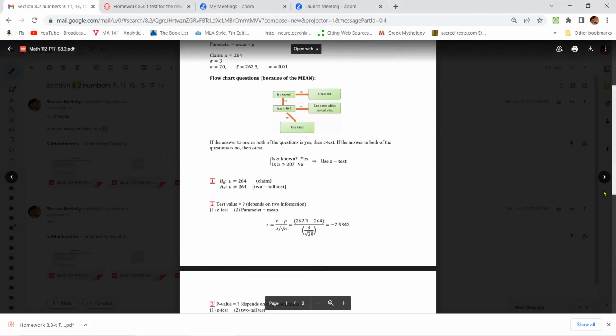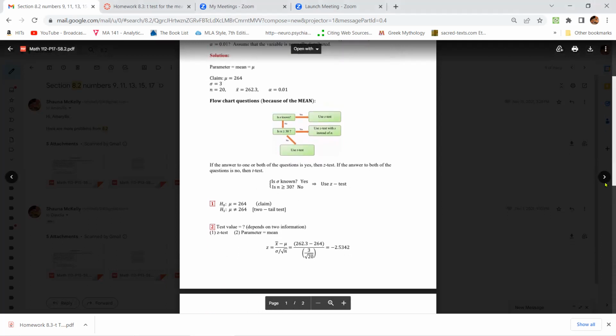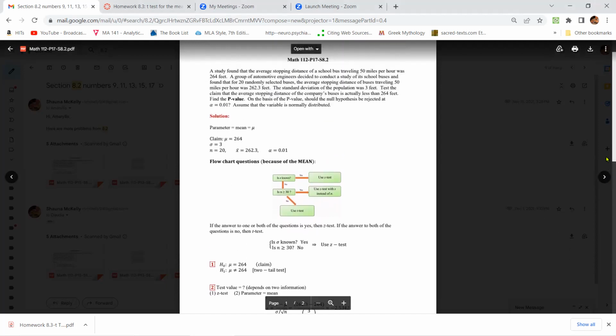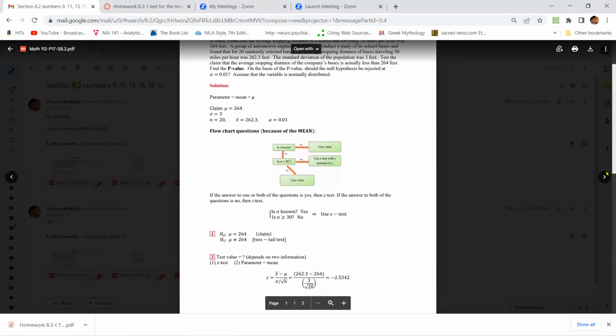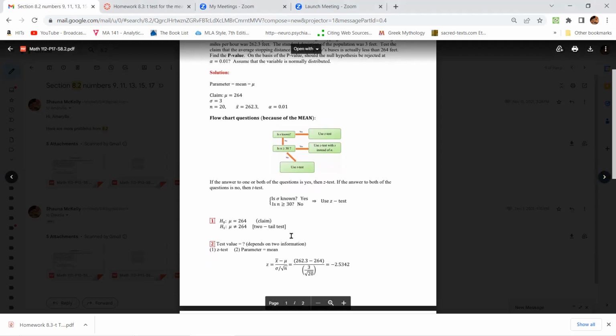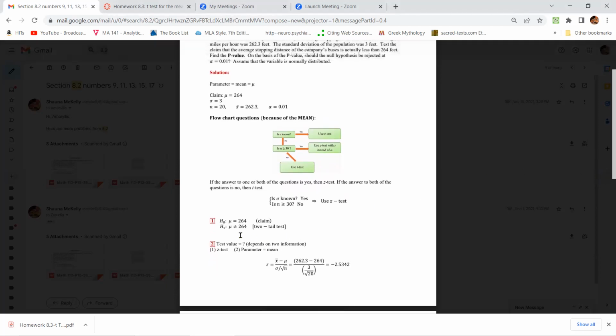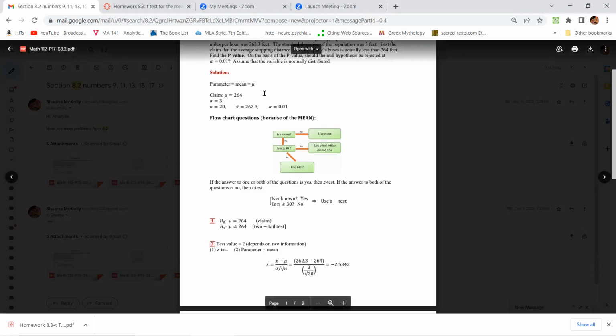This as well, okay? Mu is equal to 264. So here it says that we want to test the claim that the average stopping distance is actually less than 264. Okay, she has a mistake here in step 1, okay? This is not correct. So let me fix this on screen.